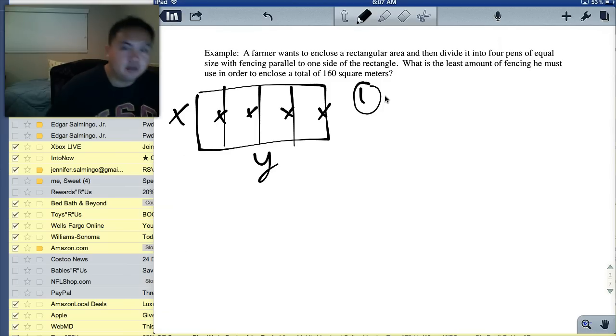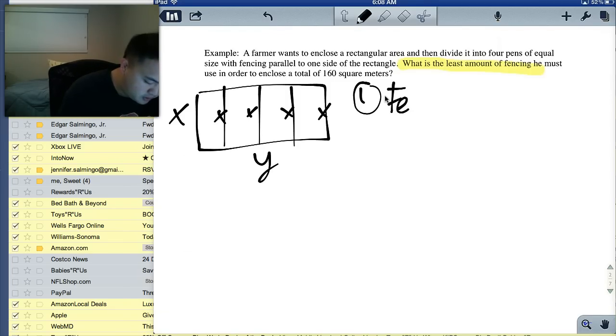The new step 1, if you remember, what I always tell you is, what are you trying to maximize or minimize? In this particular problem, I want to minimize, I want the least amount of fencing. So I'm going to write the equation for how much fencing I'll need.